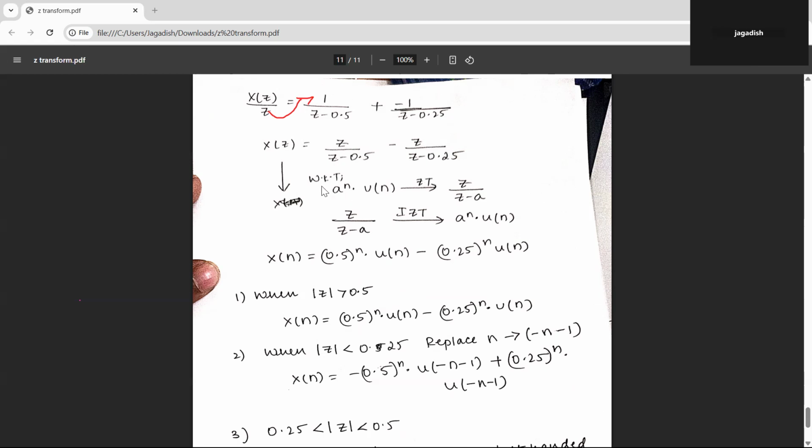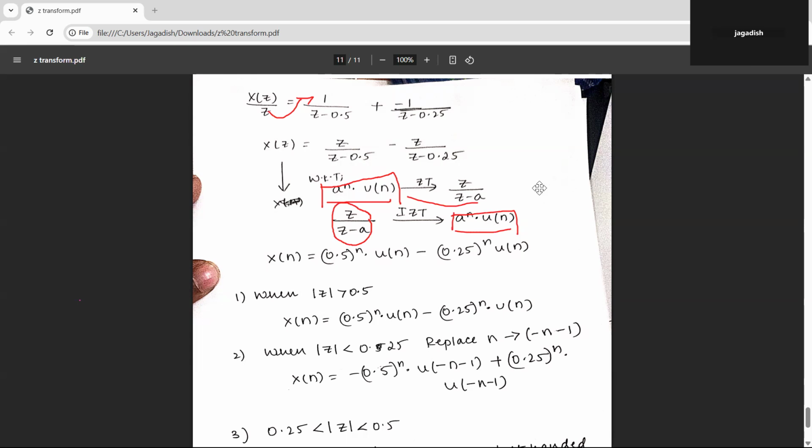For a power n into u of n, the formula is z divided by (z minus a). But we need z divided by (z minus a) as our required form, so you have to do the reverse. The formula will be a power n into u of n.